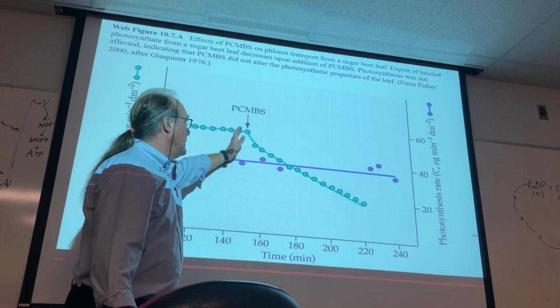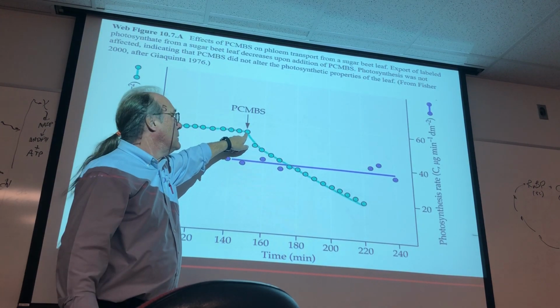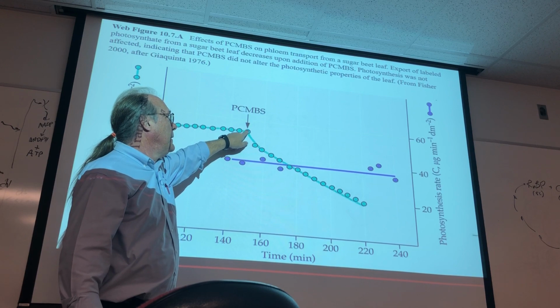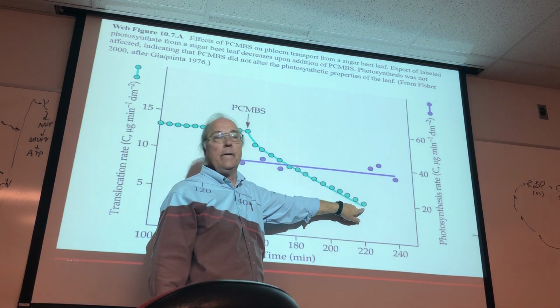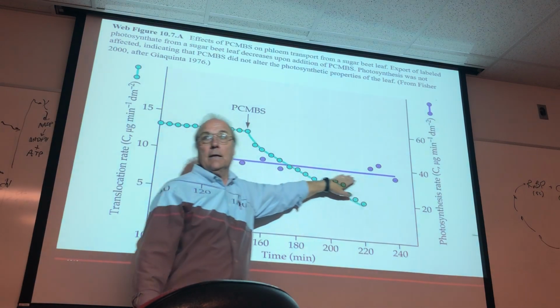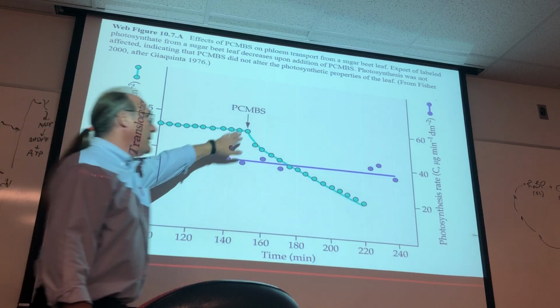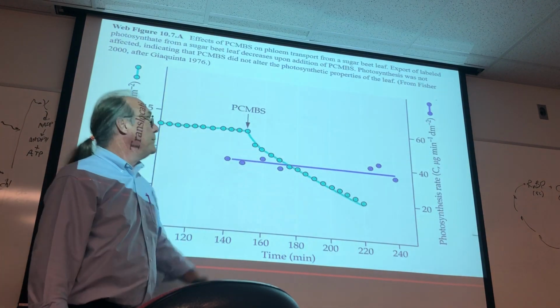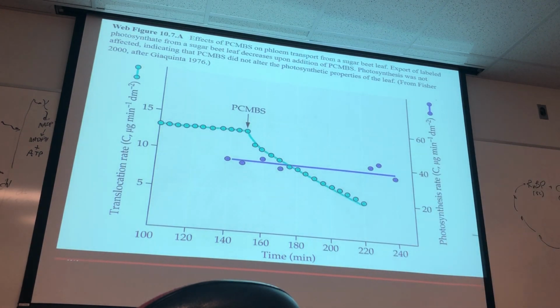So things are going on, and then you put on this chemical that blocks that sucrose transport, and the translocation rate immediately drops. But the photosynthetic rate is unaffected. So you're still producing as much photosynthate, but somehow it's not getting out of the leaf because the chemical is blocking that sucrose transporter in the plasma membrane.